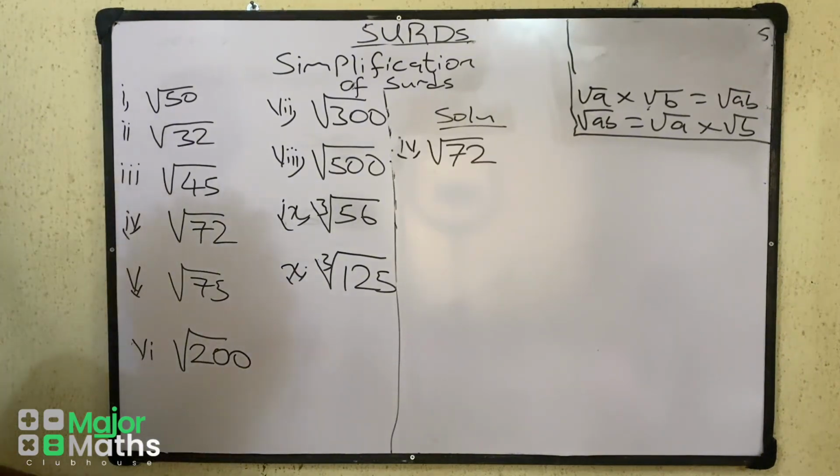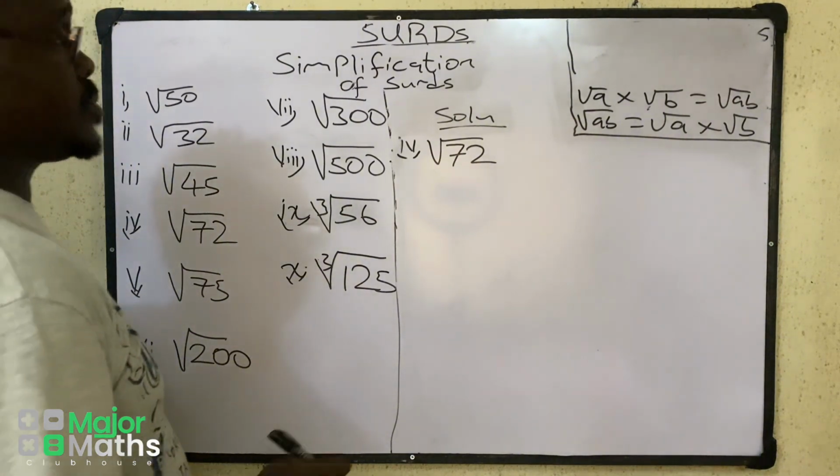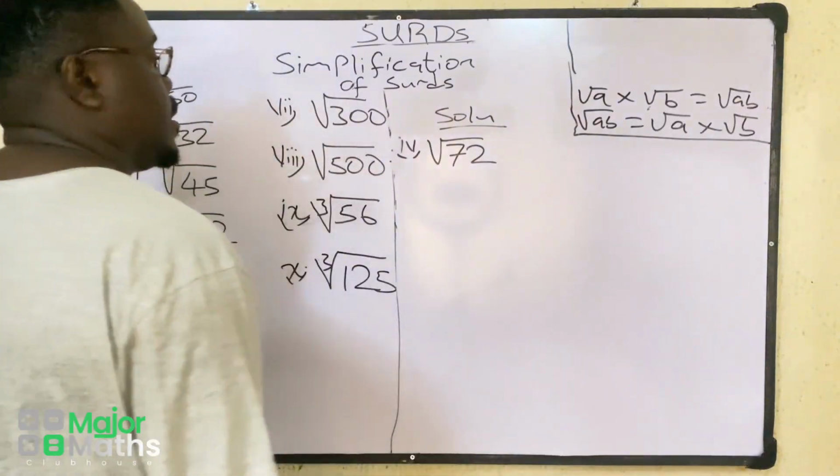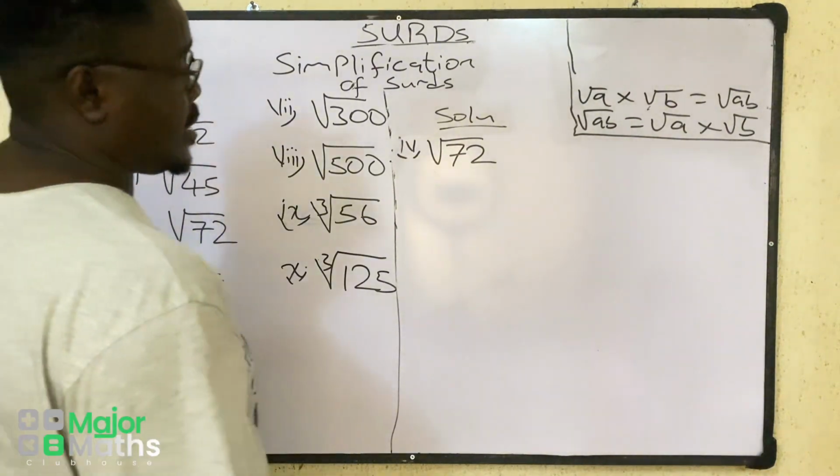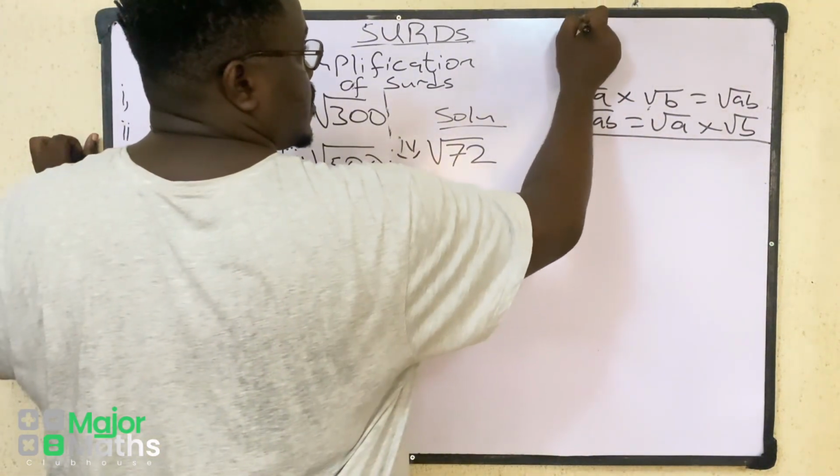So we have number 4, root 72. Let's get out the factors of 72.